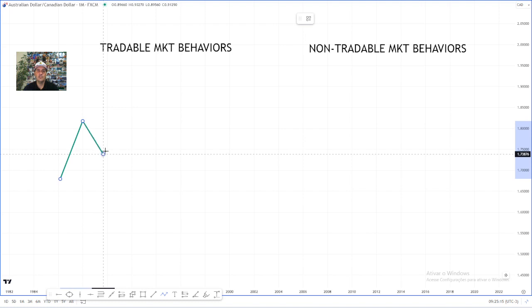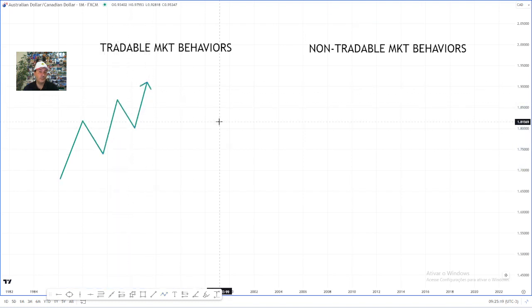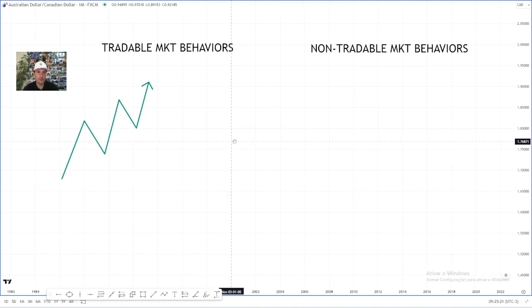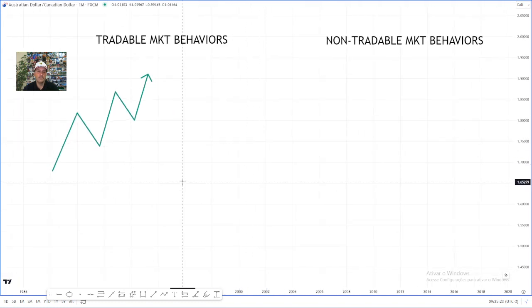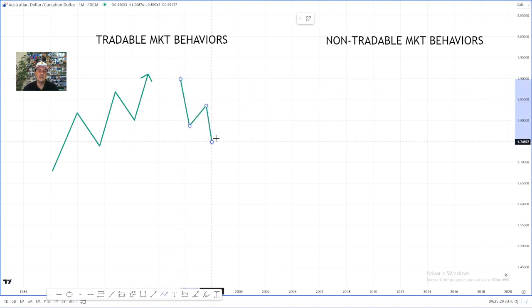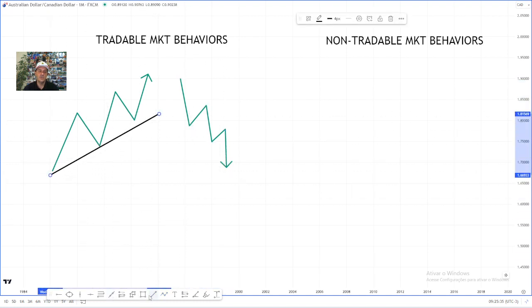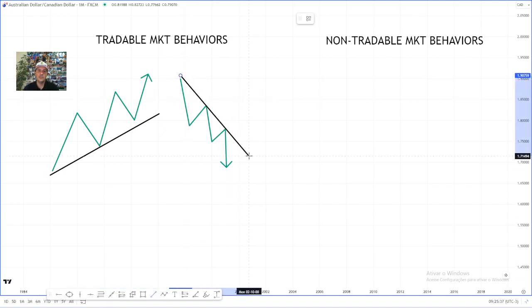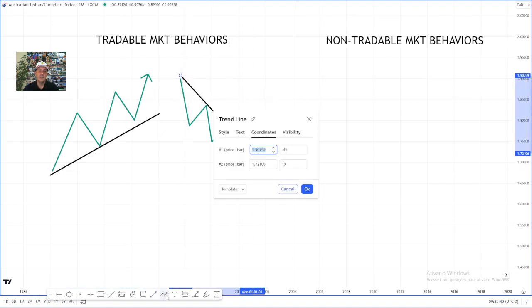Tradable market behavior number 1, easy to spot, easy to make some pips, some money on the demo account if you are smart first, you know. Then you have a downtrend when the market's making lower lows, lower highs. We didn't learn yet how to properly draw trend lines, but you can confirm the uptrend and the downtrend with trend lines.